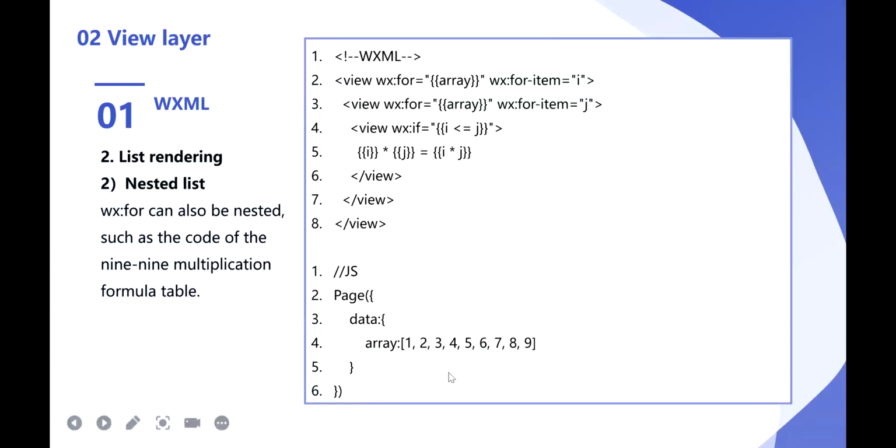Like here we have a nested list. This one asks us to realize the 9 multiplication formula table. Yeah, it's not very difficult. You can try it. It's very simple.